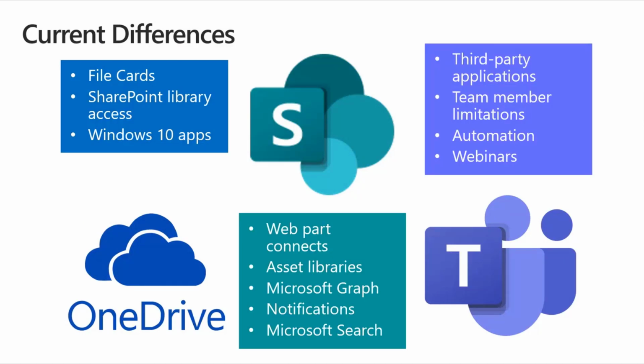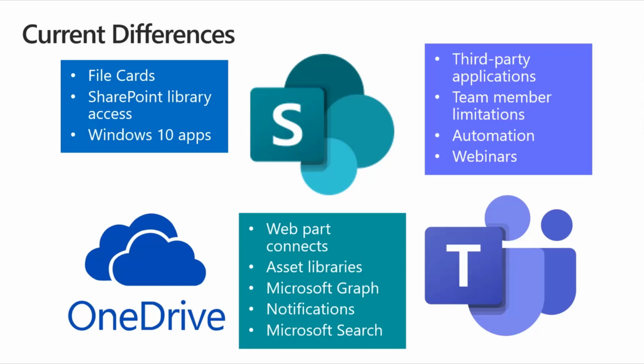We're going to go over a couple of differences here. I'm going to talk about three cores. The first one is OneDrive. File cards within OneDrive are currently not available in the GCC High environments. SharePoint library access is limited as of right now within GCC, GCC High and DoD.